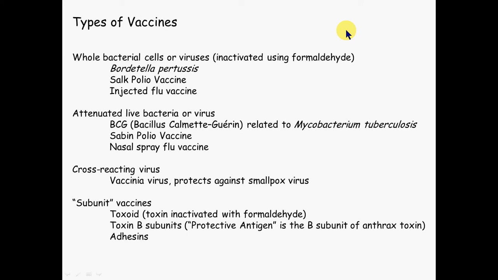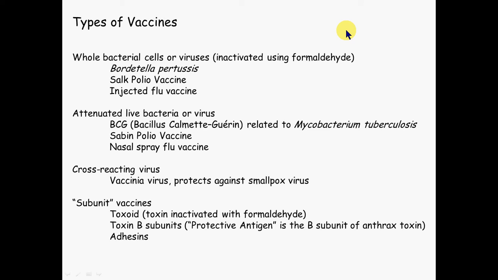You can also imagine viruses that are naturally occurring, but they're not harmful to us. Maybe one example of that would be the vaccinia virus, which is related to smallpox virus. People that get infected with it make antibodies that can react against smallpox virus proteins, because the two viruses are similar enough.